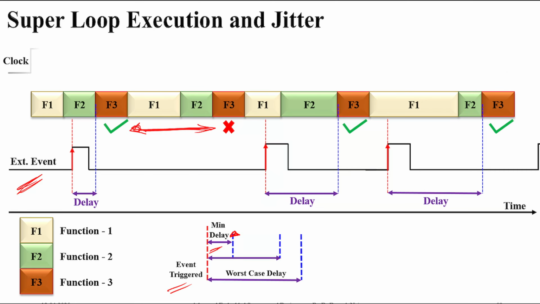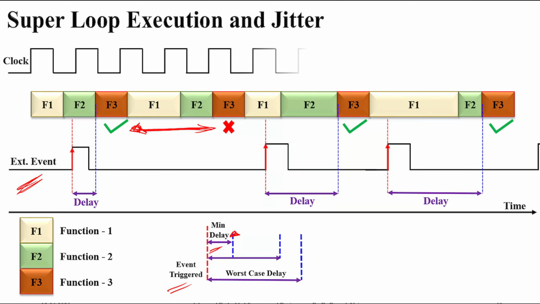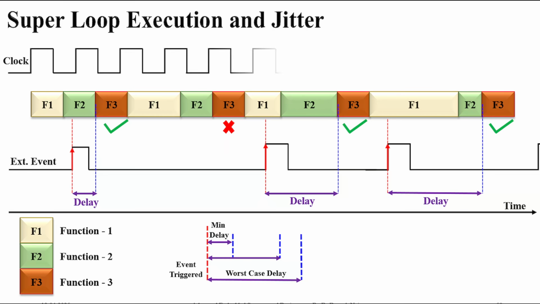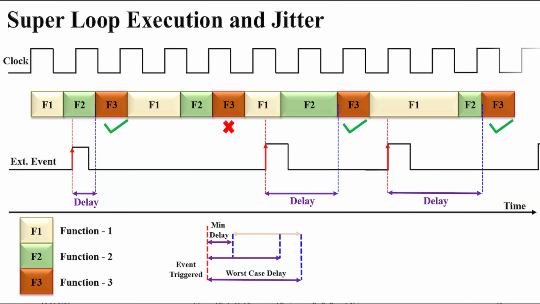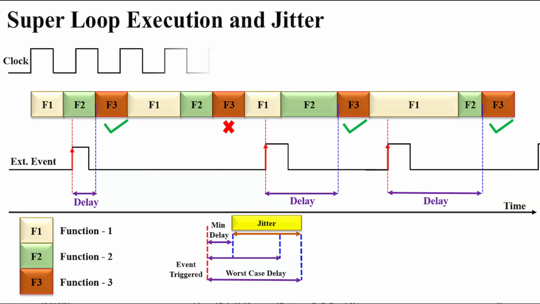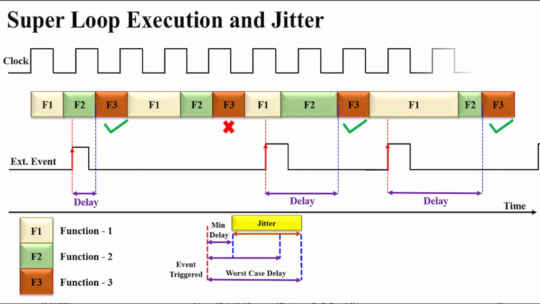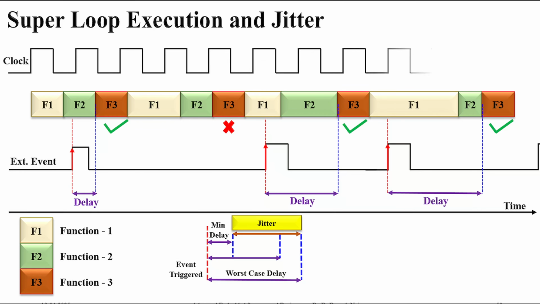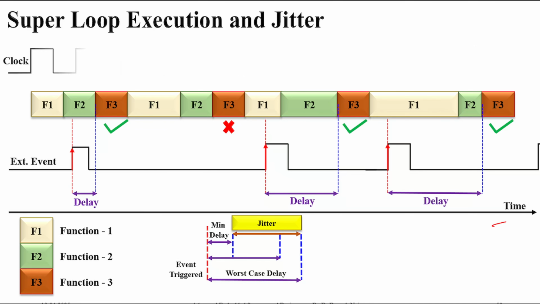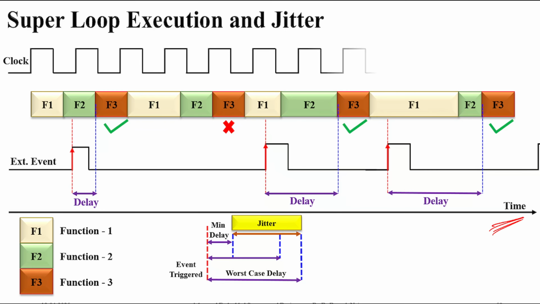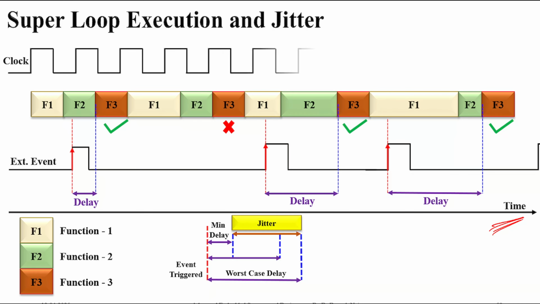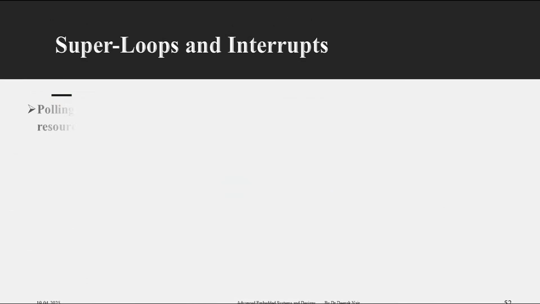So function 3 is dependent on these two factors, and because of this, function 3's occurrence cannot be predicted timely. Such a phenomenon is called jitter, and programmers always try to avoid jitter in their programs. Why? Because in such a system we cannot assure timeliness, or we cannot say when function 3 will be executed. To avoid jitter, we generally use interrupts.